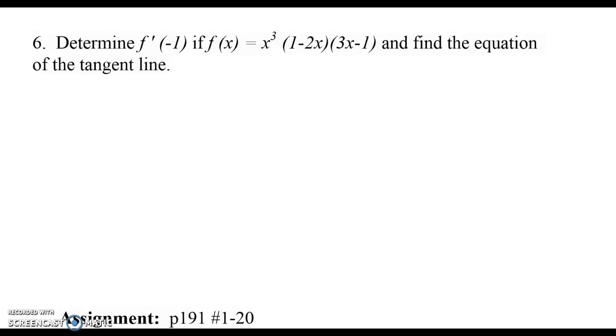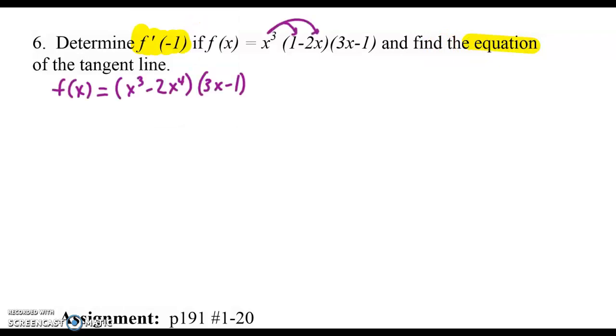And not only are we asked to find the slope where x equals -1, we're also asked to find the equation of that tangent line. Okay, so the product rule is made for 2 products being multiplied together. Here in f of x, we're given 3 terms multiplied together.